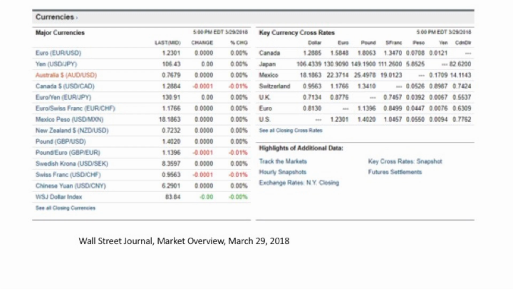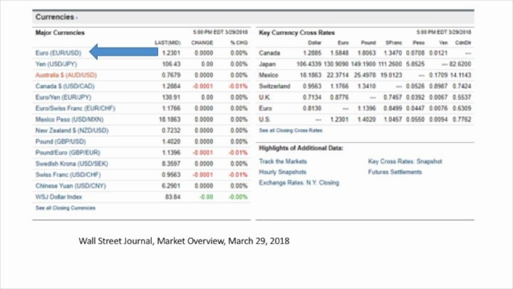Over on the left-hand side of the screen, you'll see the currency traded pairs, and I'm going to highlight the euro. So this would be the euro US dollar exchange rate. When I took this screenshot, the euro to US dollar exchange rate was 1.2301. Again, that can change greatly from day to day.